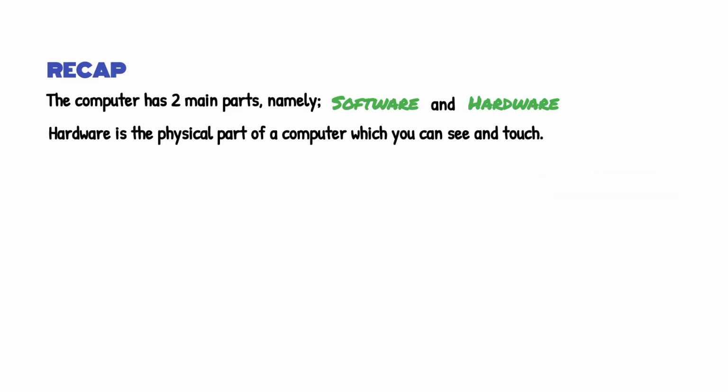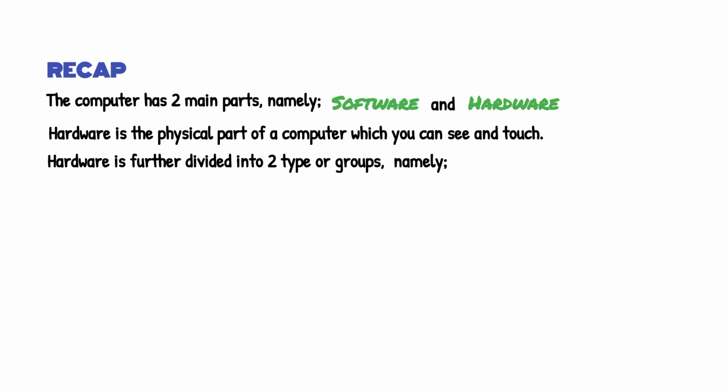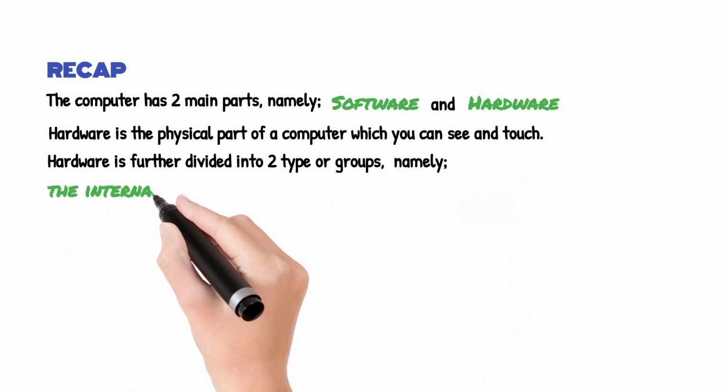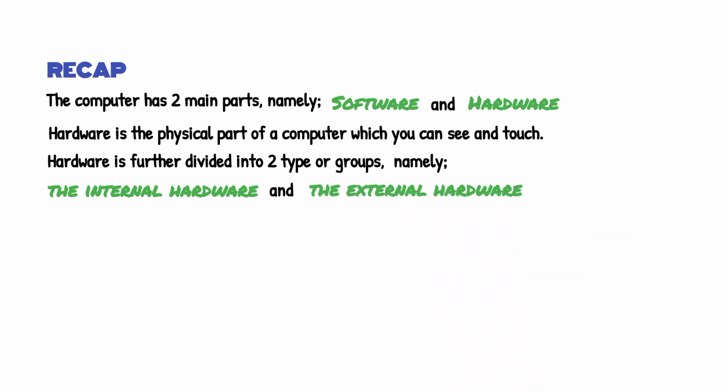And the hardware is divided into two types or two groups, namely the internal hardware and the external hardware. And so we've been able to look at a few examples, and I hope you were able to learn and understand what we're able to share with you today in this video tutorial.